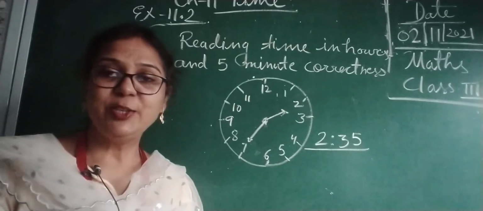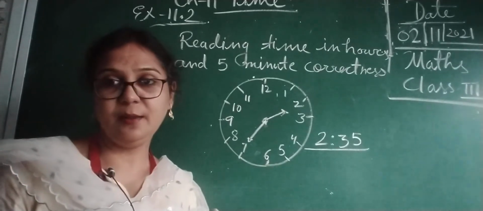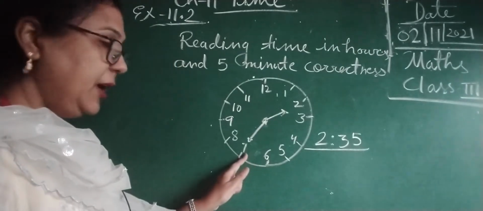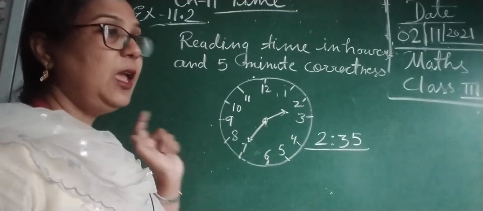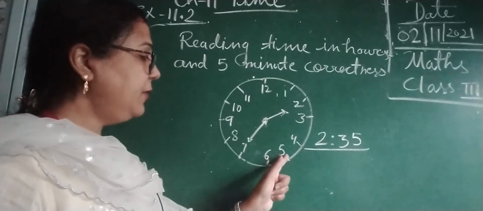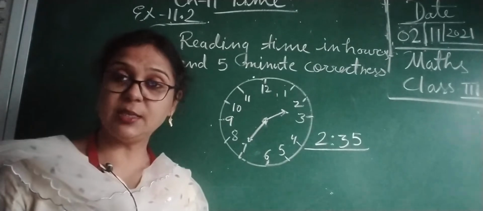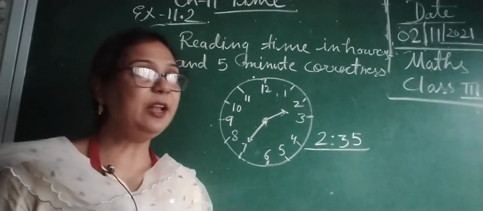So this is the way we can read the time properly. If the hand is here, we will count 2:35. If your minute hand is here, we will count 2:25. So this is the way we can read it.